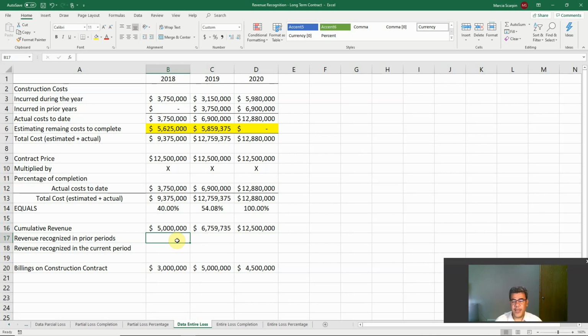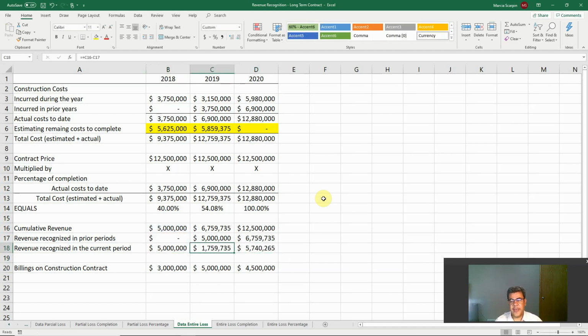Revenue recognized in prior periods. First year, nothing, because this is the first year. Second year, 2018, 5 million. Third year, 2019, 6.7 million. So the revenue in the current period will be cumulative less revenue recognized in prior periods. 5 million first year, 1.7 and 5.7.